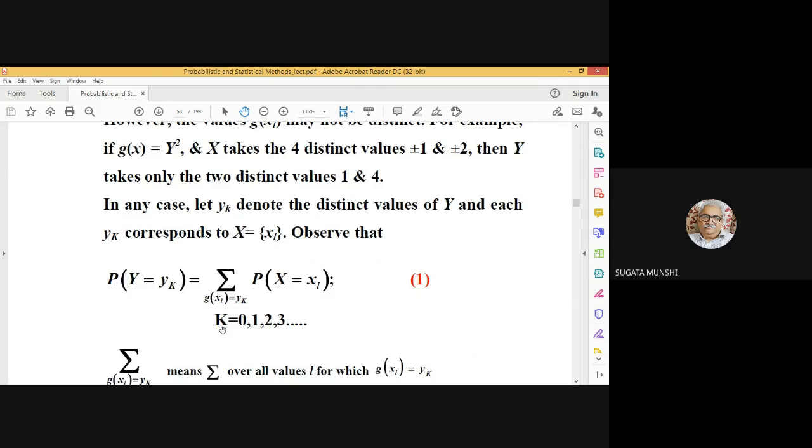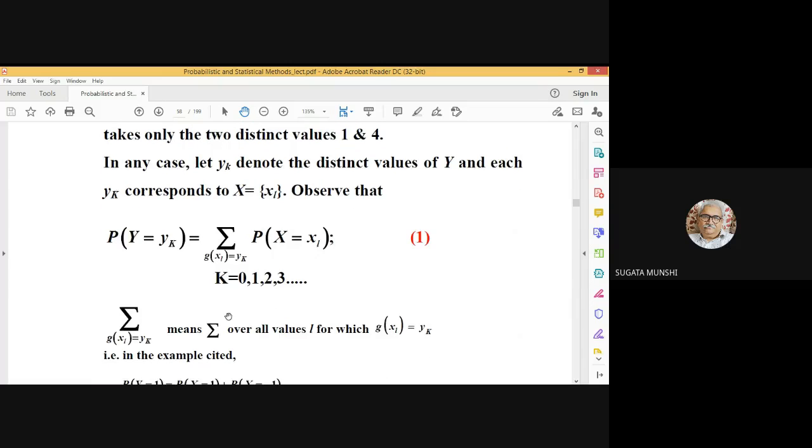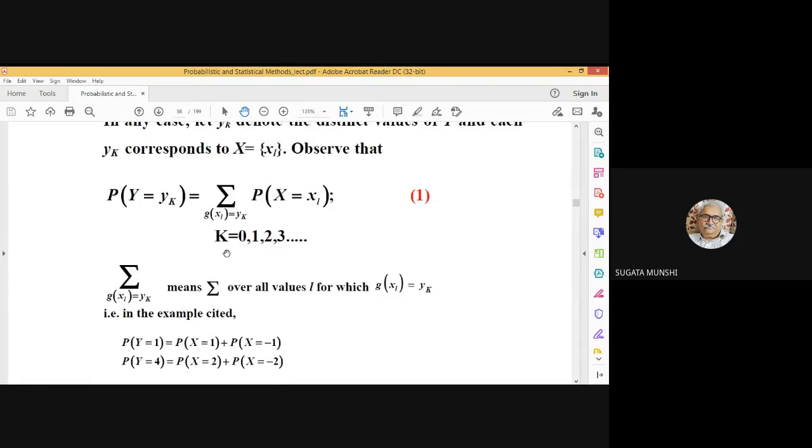So for each value of k, having values 0, 1, 2, 3, etc., the probability of y equal to yk will be equal to the sum of the probabilities of the corresponding values of x. This summation simply means summation over all values l for which g(xl) is equal to yk.